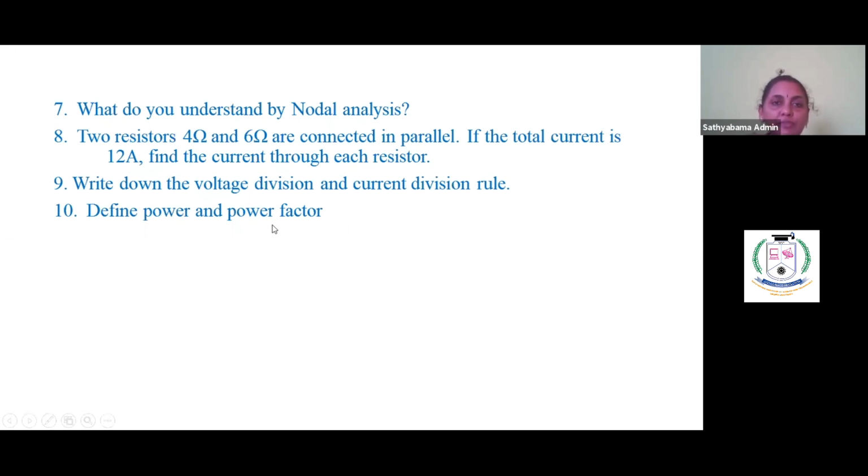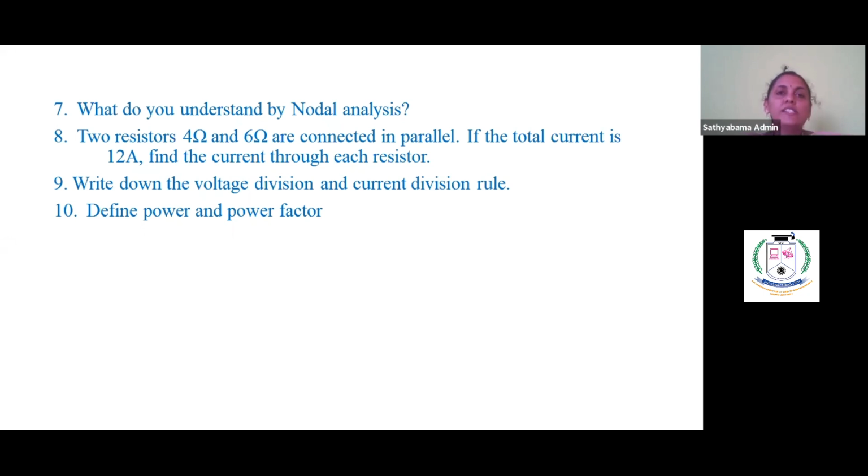The last one, define power and power factor. You know what is power? We have discussed already. Power can be written as the product of voltage into current. P is equal to the product of voltage and current.